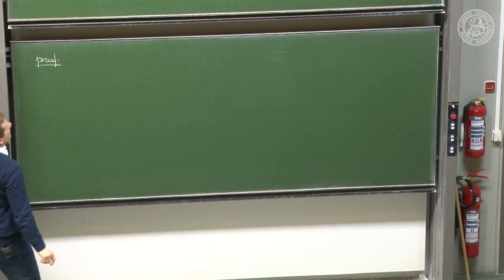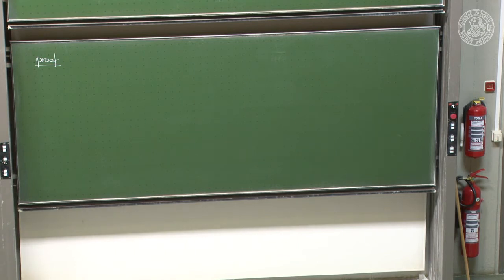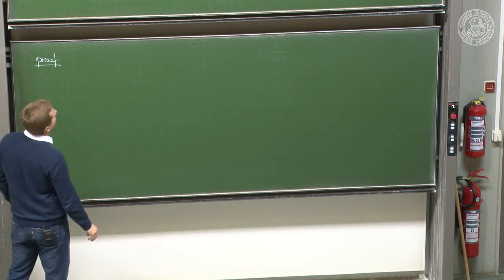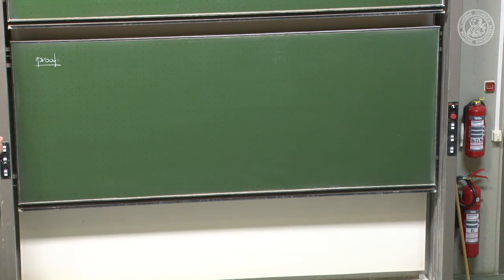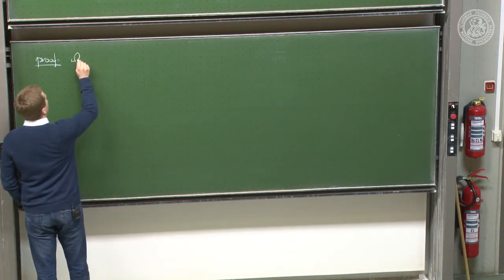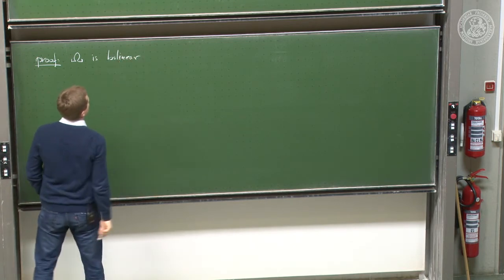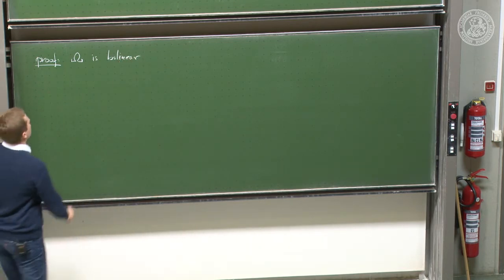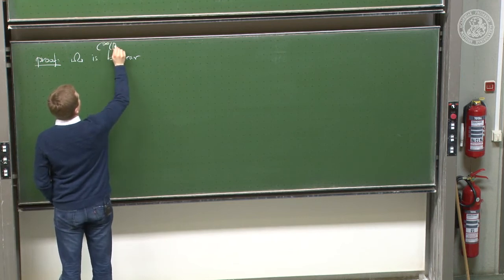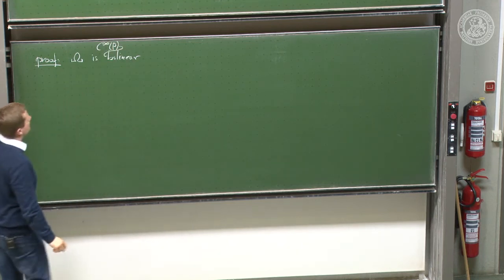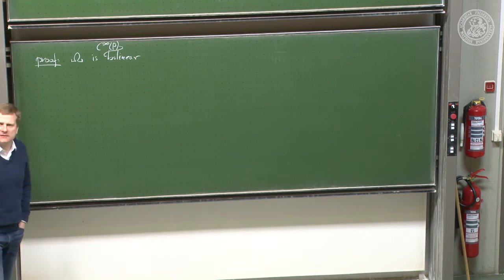So, proof. In order to prove this, we know that omega is a two-form. We can, of course, use the fact that omega is C infinity P bilinear, and hence we did this trick before.